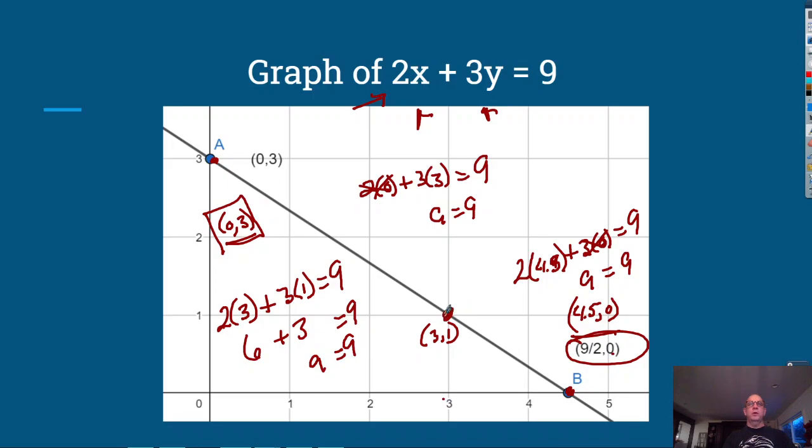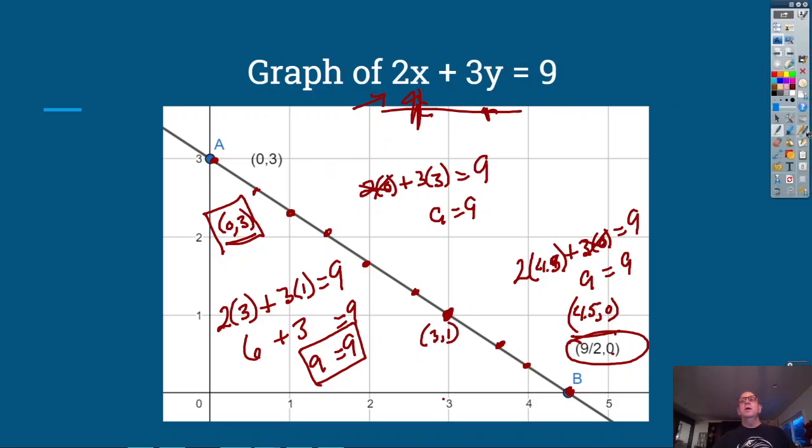So this point also is a solution for this equation. And if I could figure out what all of these other dots are, I could also substitute them in the equation, and it would be a solution. Because the graph of the equation is a straight line, which means every ordered pair on this line is a solution to this equation.